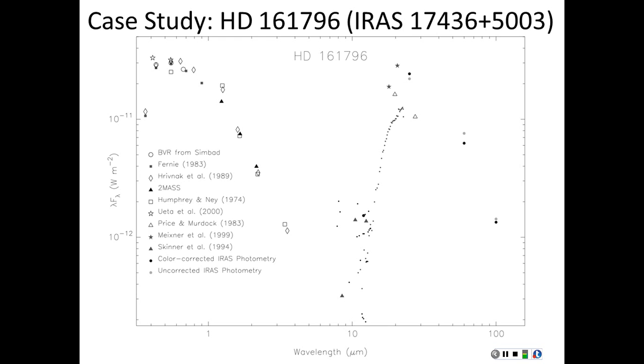Even here in the JHK, it's not exactly compact. So there is an issue that this object is possibly variable. So I haven't been worrying about it too much. I did try to dig into it and couldn't find anything. It's also possible that it's a crystalline feature.